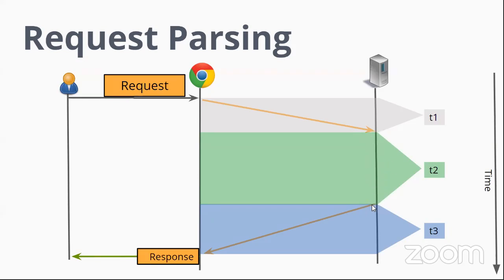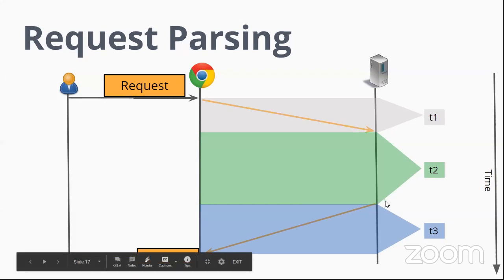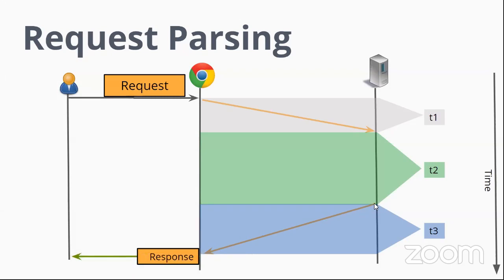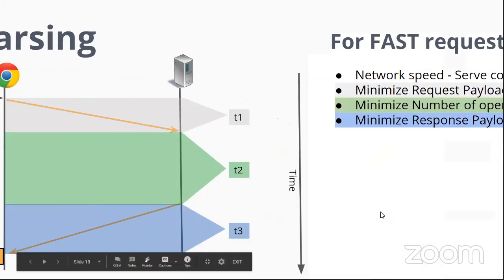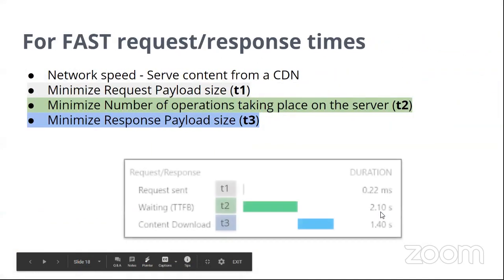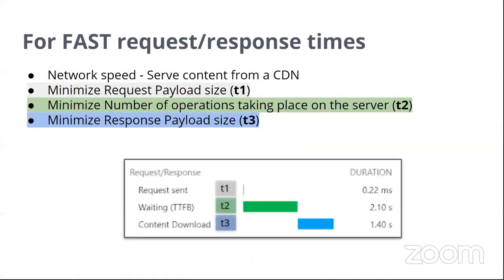And if the response it needs to send is large, until all the content is sent to the user, there is again a time the user needs to wait, which is highlighted in this diagram.